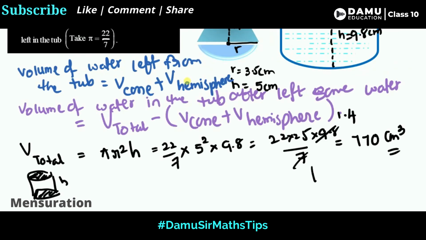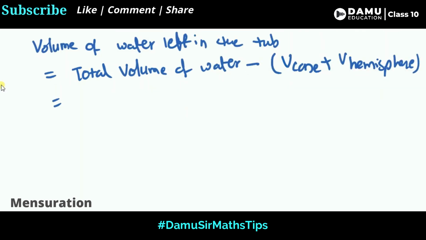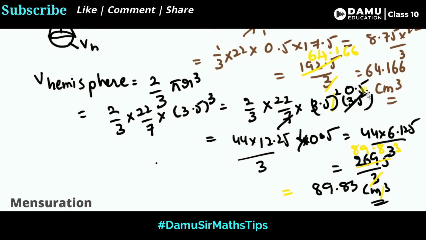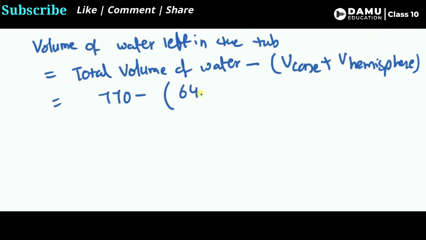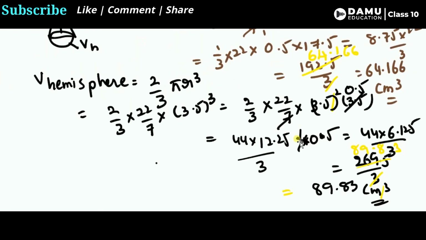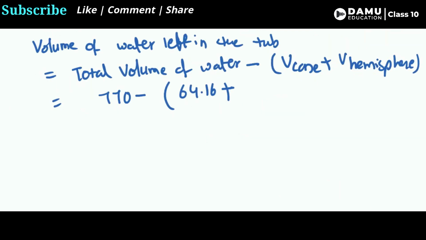So what is the total volume of the water? We have already calculated, that is 770. So 770 minus the volume of the cone, that is 64.16, plus, finally, 89.83.